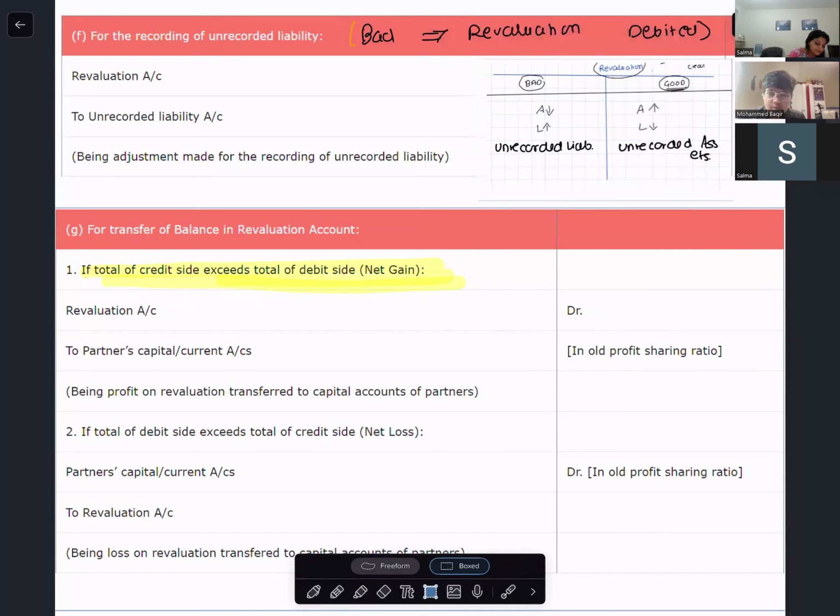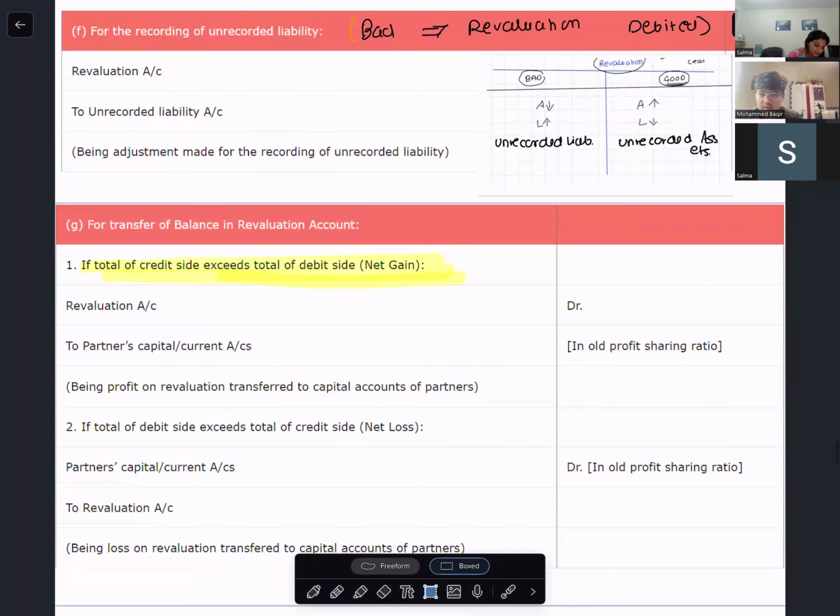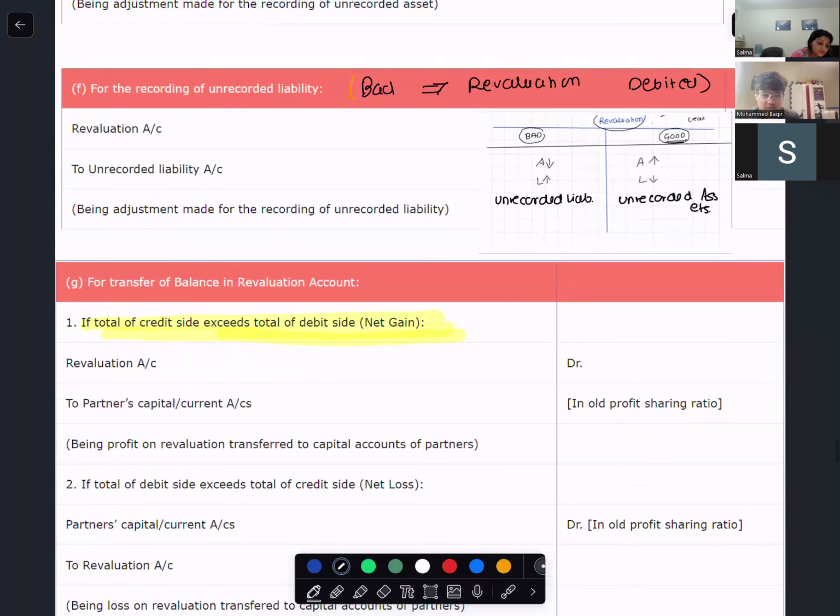That the good is more and the bad is less. Whatever is recorded on both sides, from that you subtract all the expenses, that means the debit side. What you get is called the net gain.